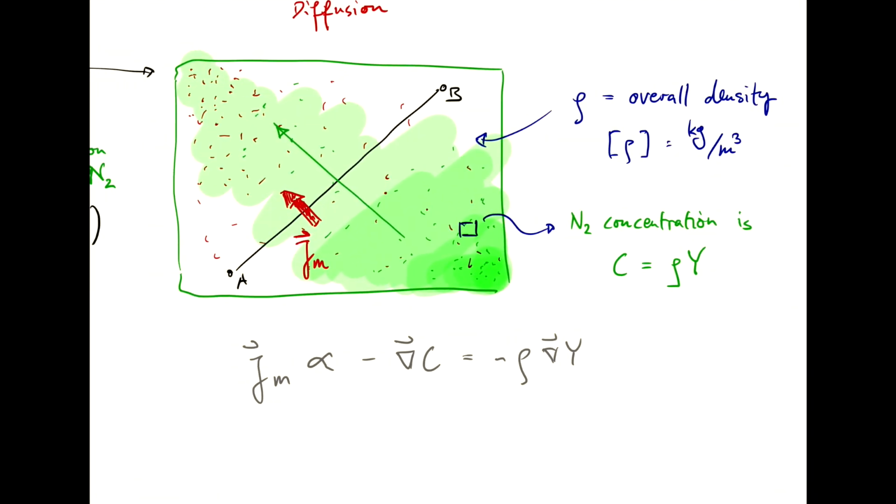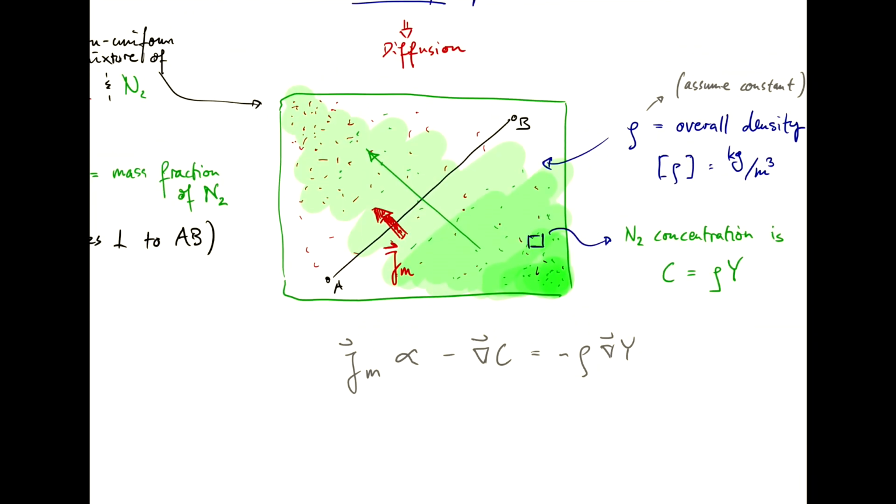And that's because we've assumed that the density in this space, i.e. the number of particles in the space, doesn't change. So we assume rho to be constant. And whenever we have a proportionality, then we need a constant of proportionality. And in this case, this is the mass diffusivity.